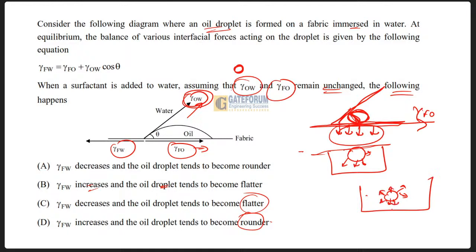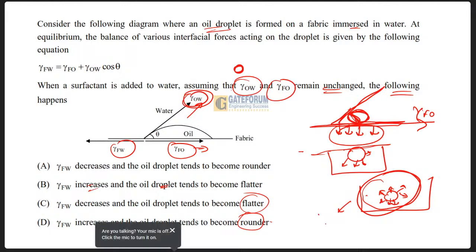Why rounded? Because the surface tension is completely balanced in all directions. But the role of the surfactant is to decrease the surface tension, and when it decreases the surface tension, the oil droplet becomes rounder in shape.